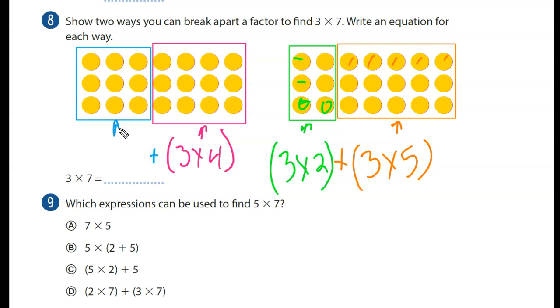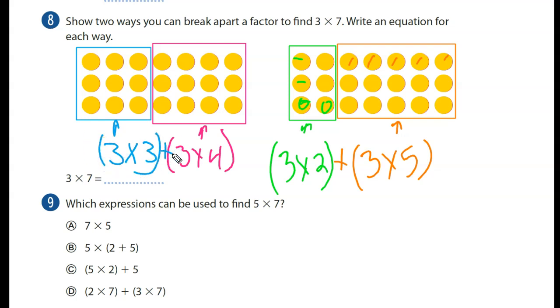It would be 3 rows with how many in each row? 3. So 3 times 3.